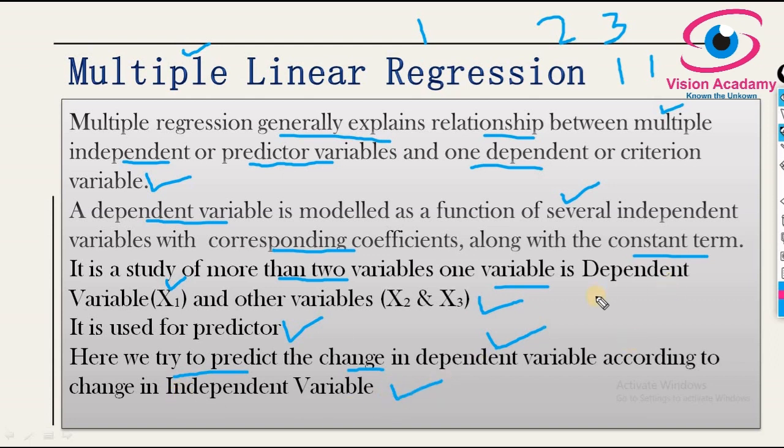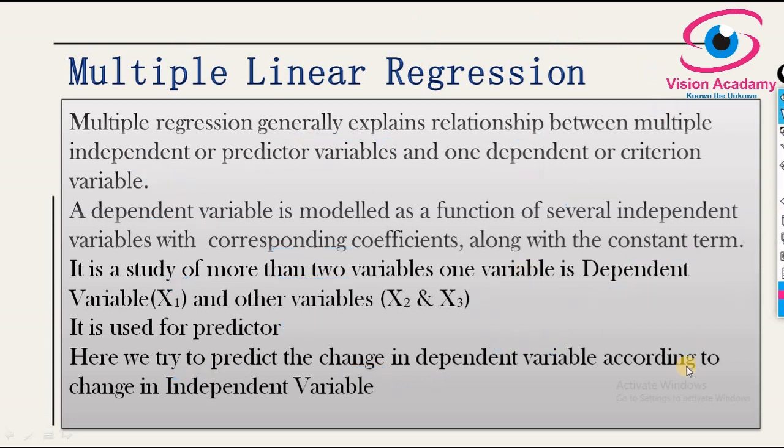Say for example, we have two independent variables. Whatever changes occur to these two independent variables, we also see the relation, the impact of the changes of the independent variables over the dependent variable. This is very important since it is quite complex in nature. Using this equation method, we will make it very easy. So let us go further.